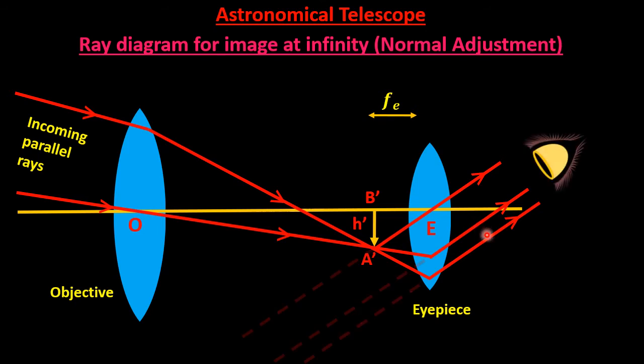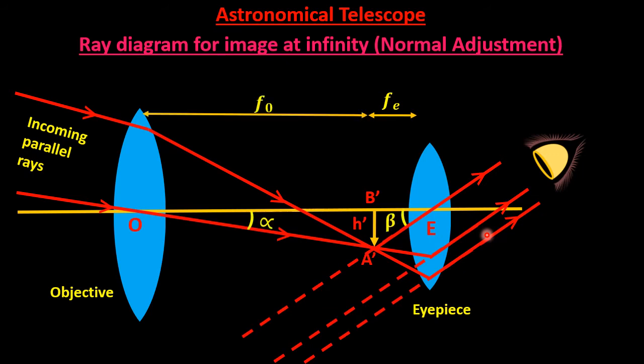So when they are produced backward, they meet at infinity. Now let us denote the focal length of the objective lens by f0, and alpha is the angle subtended by the object, and beta is the angle subtended by the final image.